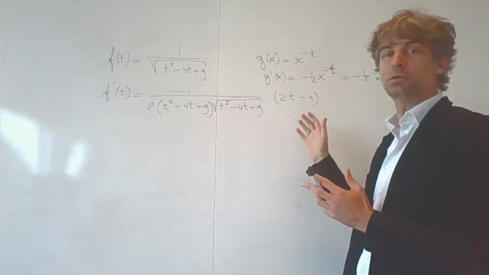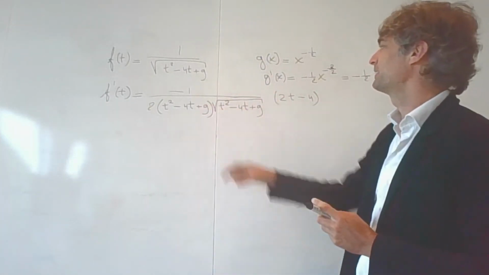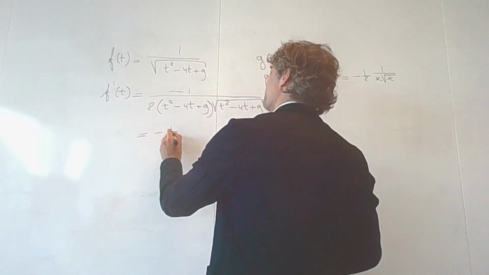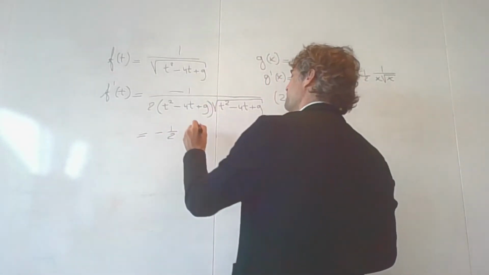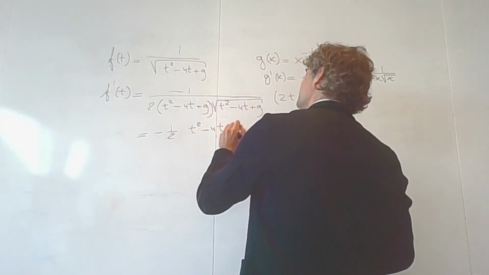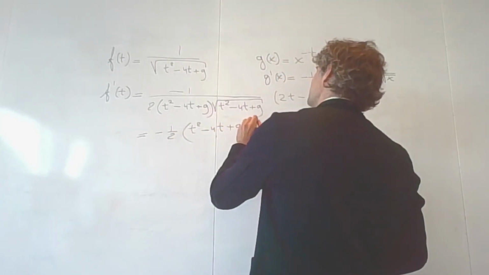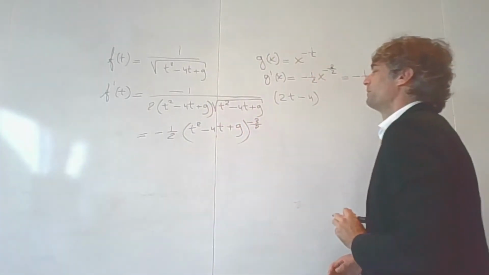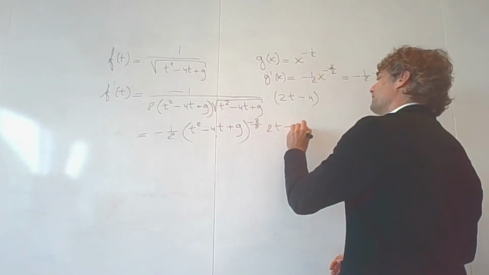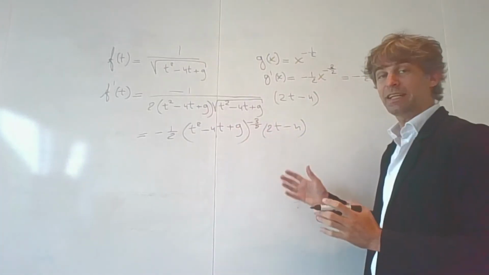Anyway, there's no rule that you have to write it like this. So again, fine to also write minus 1/2 times t squared minus 4t plus 9 to the power minus 3/2 times 2t minus 4. This is fine. All right, that's it.